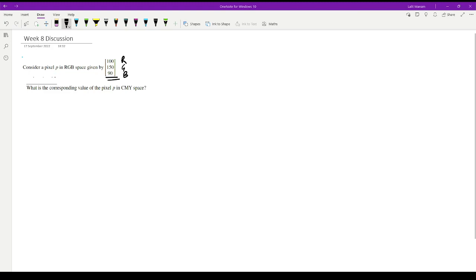And what about CMY? You said that it's used for printing purposes. Why do you think so? How does a printed sheet look? How does your general A4 size sheet look?